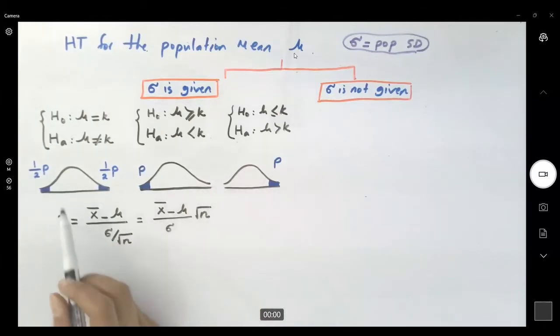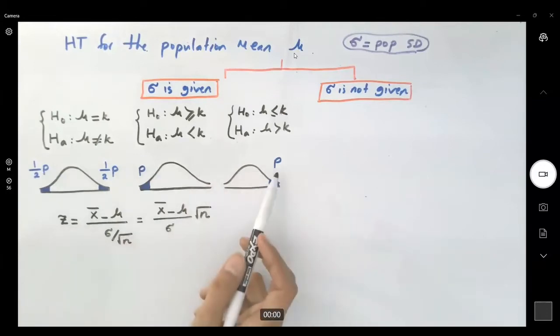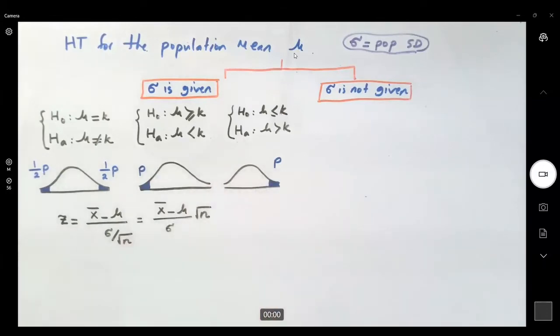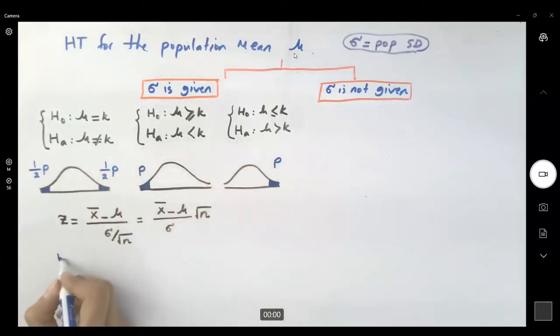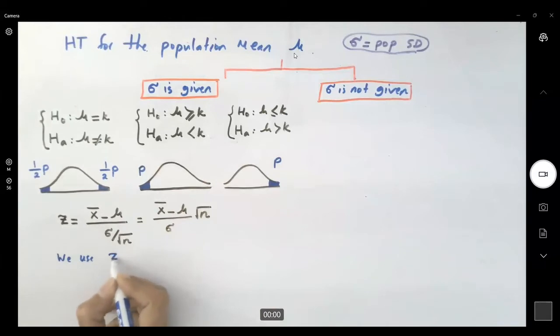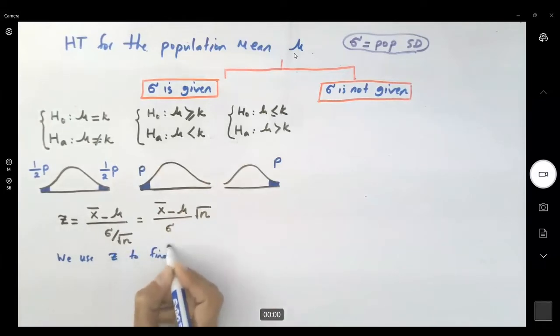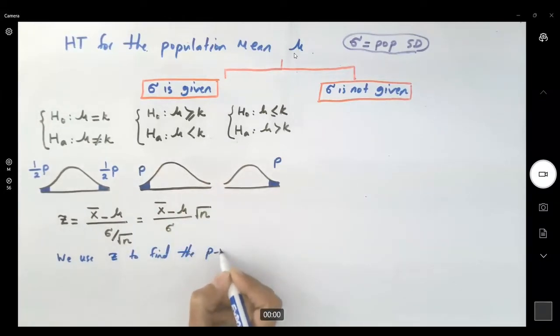Using z, you can find the value for p. So we use z to find the p-value using our calculator.